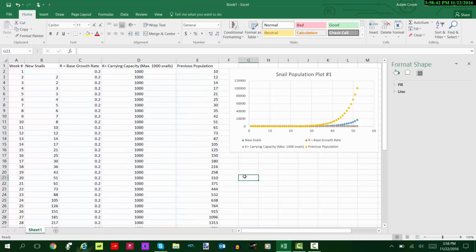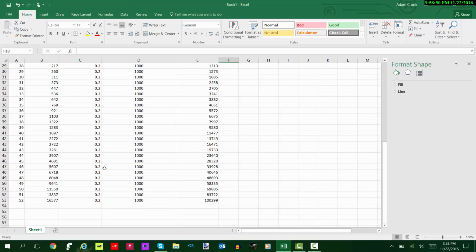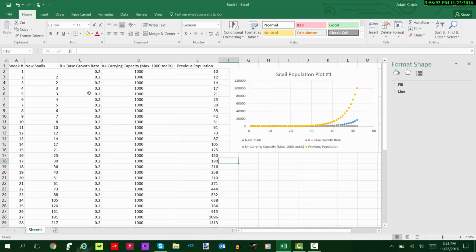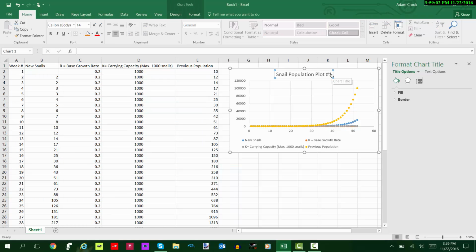So now what we gotta do, we're going to be changing the growth. We're going to change R, which is the 0.2, several times to compare the differences. Should we just name this 0.2% growth rate or something like that? Yeah, that would help so we know what we're talking about.